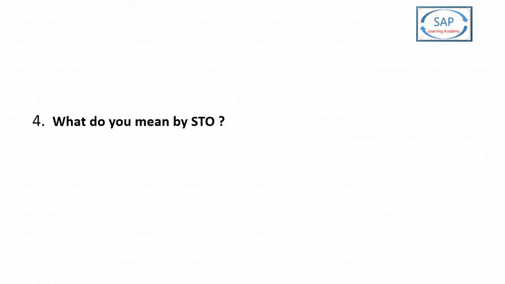Now we'll be moving to the next question, and it is also very important to know what STO is. STO means stock transfer order. So a stock transfer order means that when the article or stock is transferred between two branches of your same company, it is called STO.